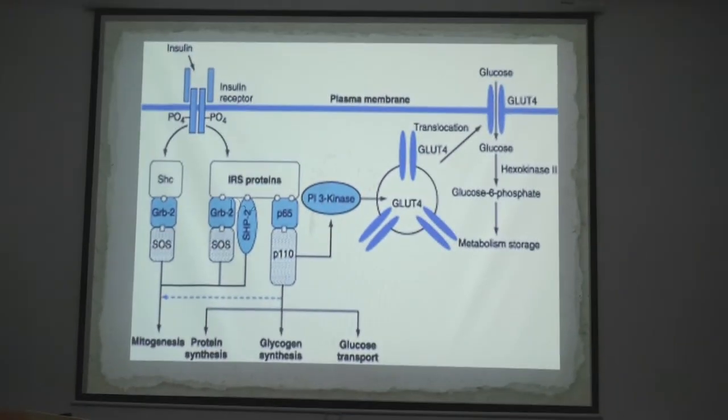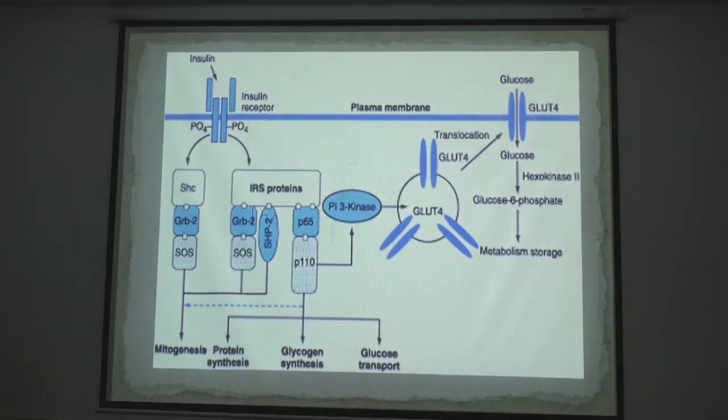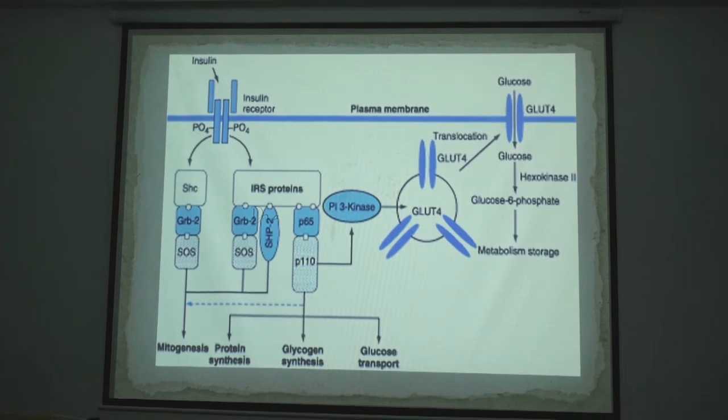Now these are the mechanisms, and these are something more in detail. All of you just understand that there is a receptor present in the plasma membrane, and when insulin is present it causes signal transduction.